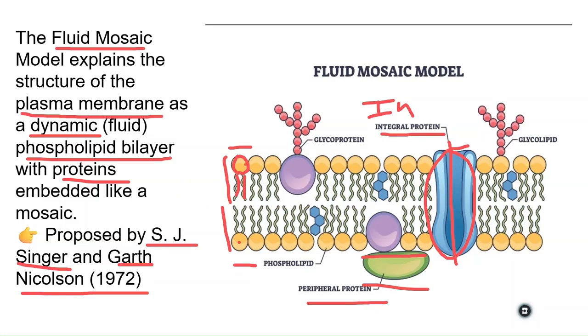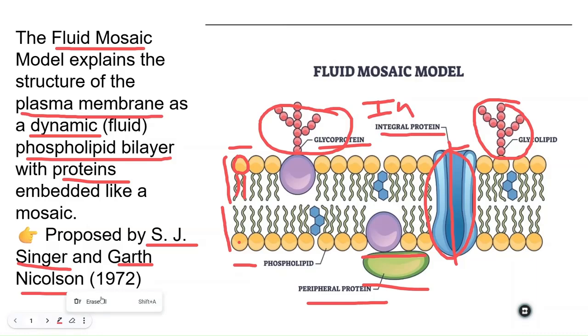So number one, our plasma membrane is made up of a phospholipid bilayer. It is made up of proteins, the two types of proteins, integral and peripheral proteins. And the plasma membrane is also made up of some carbohydrates. You can see here these are the carbohydrates. There are two types of carbohydrates, mainly the glycoprotein and the glycolipid.